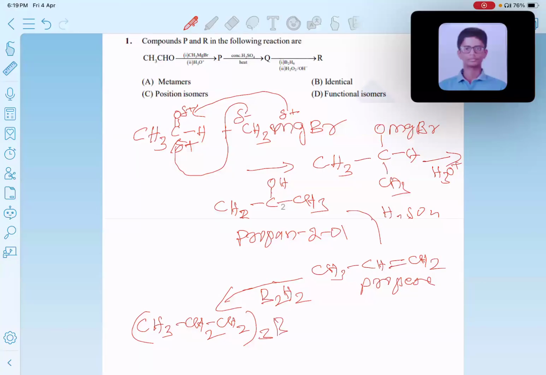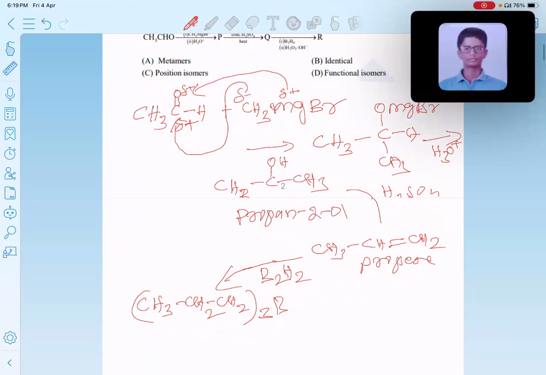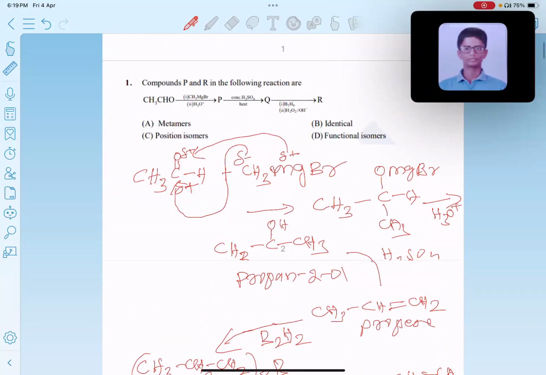Then this undergoes oxidation with hydrogen peroxide. It gives the compound CH3 CH2 CH2OH.